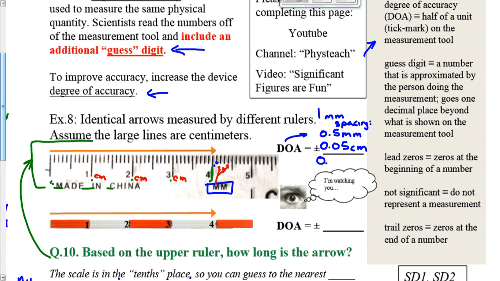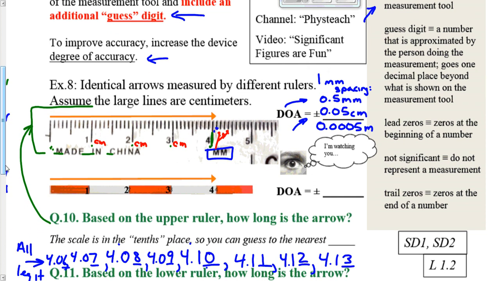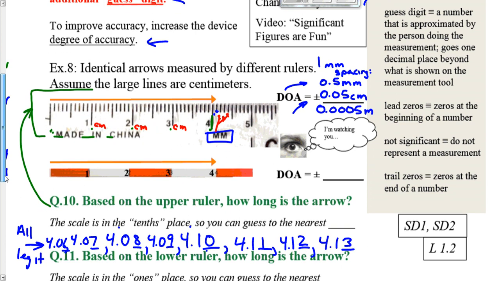You can even put that in meters, 0.0005 meters. But this degree of accuracy gives you a plus or minus. So if we were to claim, let's say the manufacturer of that arrow claims it is a 4.10 arrow. Well, any measurement made within 0.05 centimeters, either more or less, actually counts as a legitimate measurement.